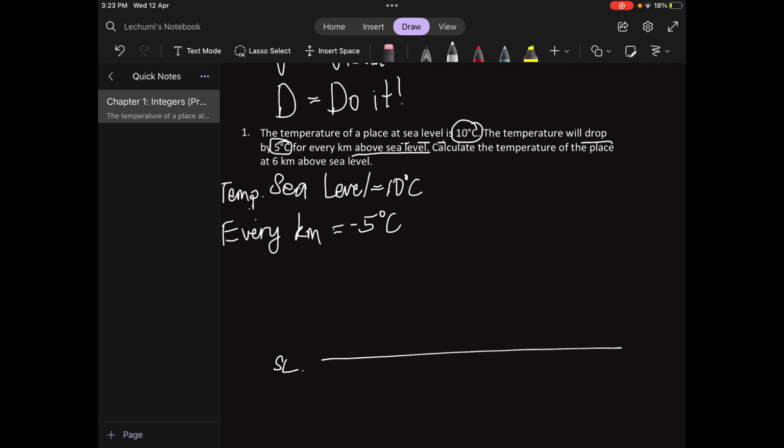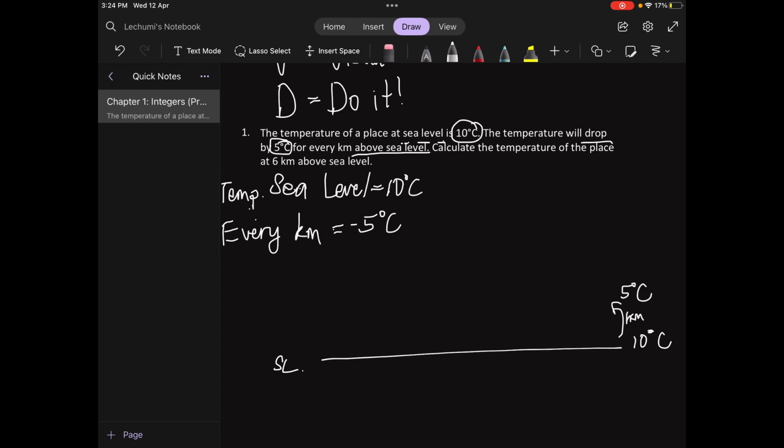And at sea level, the temperature is 10 degrees Celsius. And from the information given, we can say that as we go up 1 kilometer, there will be a change of 5 degrees Celsius, where it gets subtracted. So 10 minus 5 becomes 5 degrees Celsius.